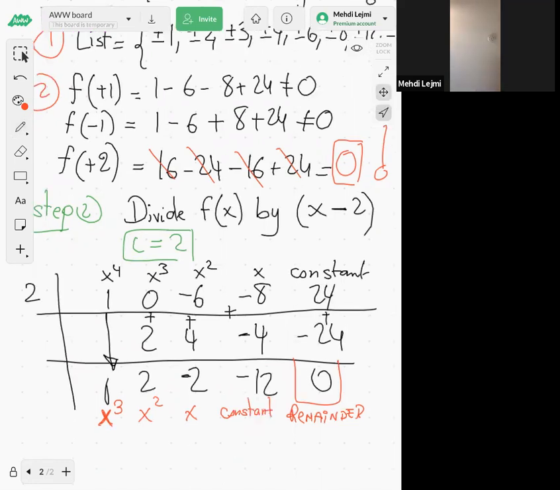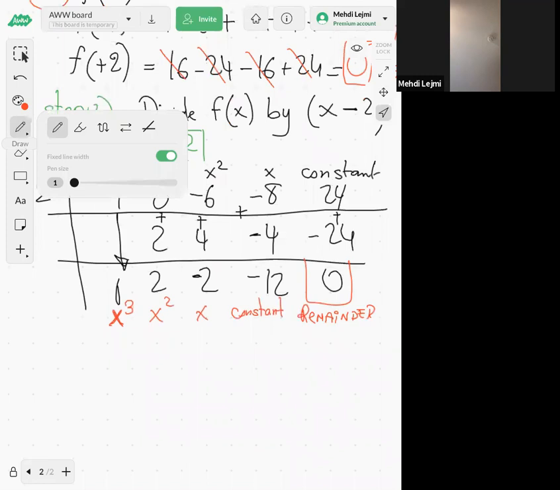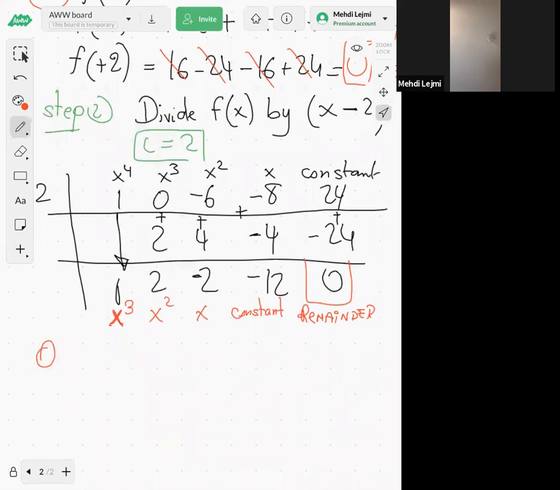So here the quotient would be 1x cubed plus 2x squared minus 2x minus 12, right?